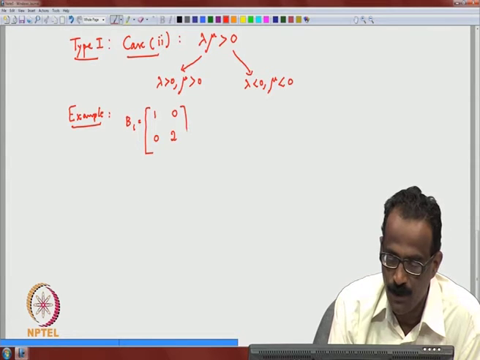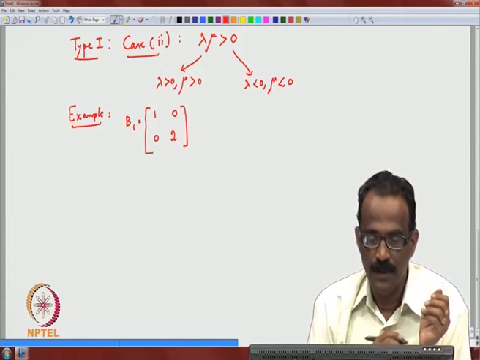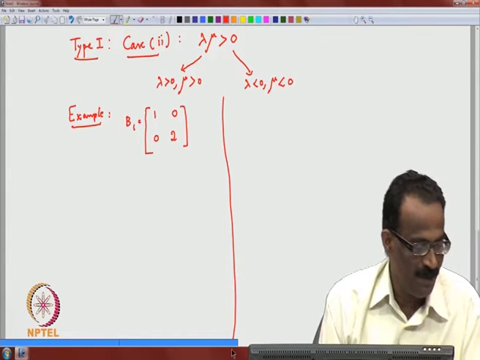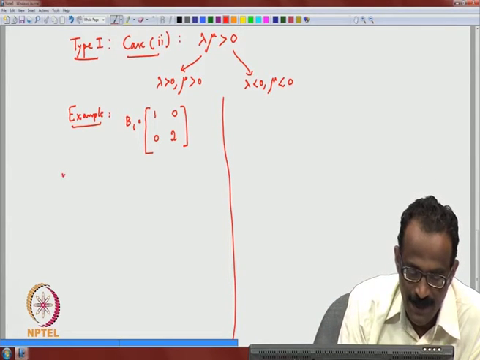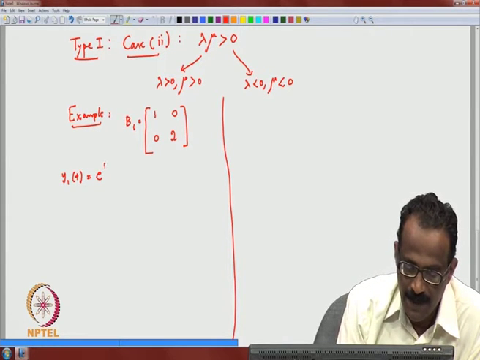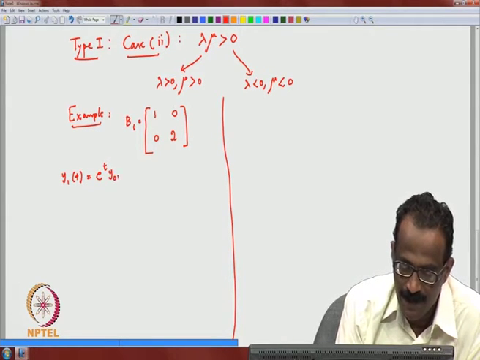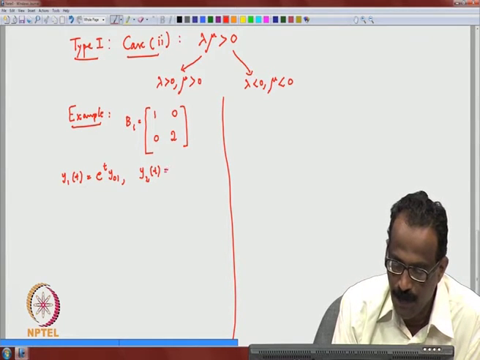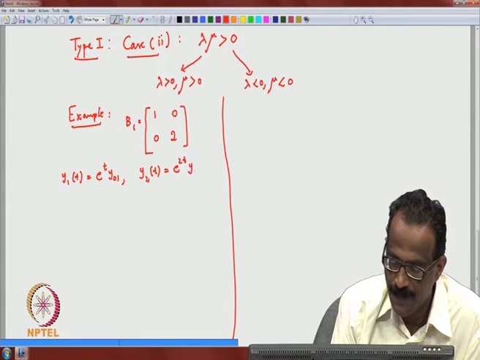If you do this, what will happen? You can write down your solution: y1(t) will be e^t y01 and y2(t) will be e^(2t) into y02.